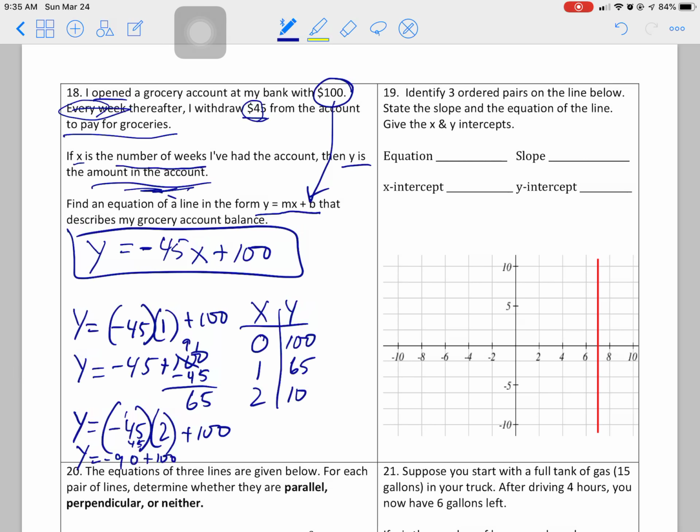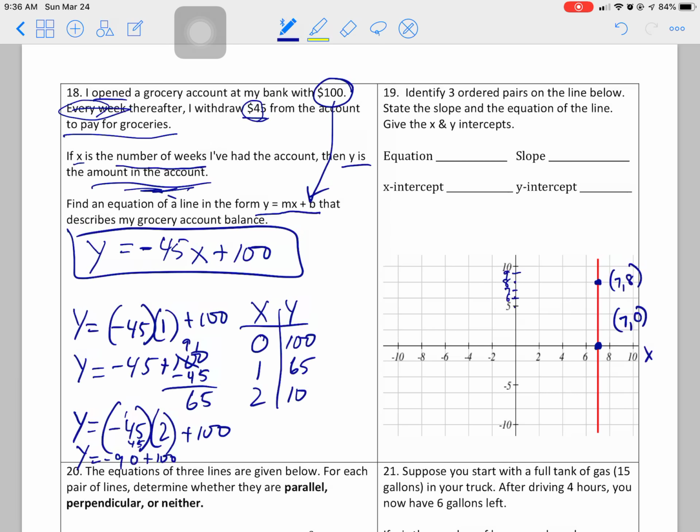All right, over here, identify 3 ordered pairs on the line. Okay, this grid goes by 2s. So right there is the x-intercept, by the way. Is what? Go over to 7, 0. There's 1. How about that one there? This is 5, 6, 7, 8, 9. So this would be 7, 8.